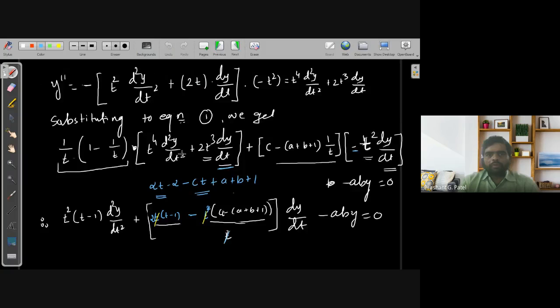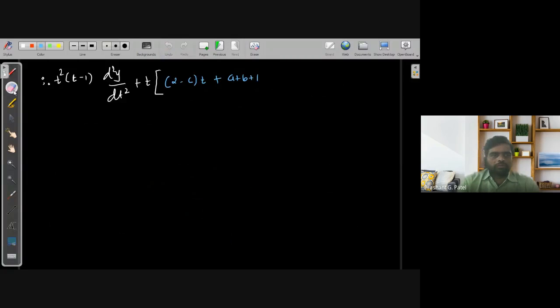Plus 1 or minus 1, due to minus 2 plus 1, so it is minus 1. This is the coefficient of dy by dt, minus aby is as it is.